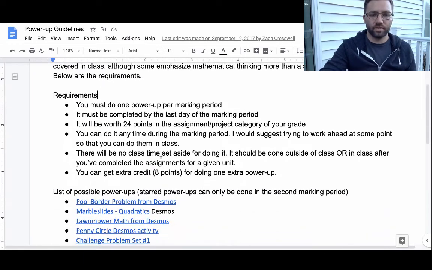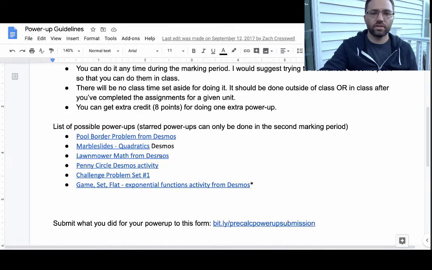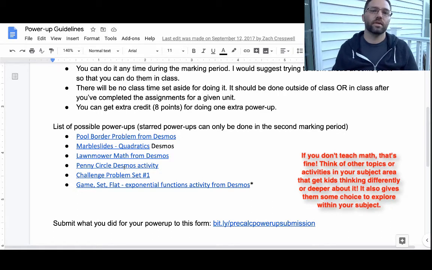I'm not going to obviously read this whole thing to you, but you can see here are the activities. The activities were quite often Desmos activities, more interesting, more fun, makes you think differently about math type of activities. And the way that I graded these is I said that 1 power-up was required per marking period, and that students should only work on power-ups if they had finished everything else or if they worked on them at home.